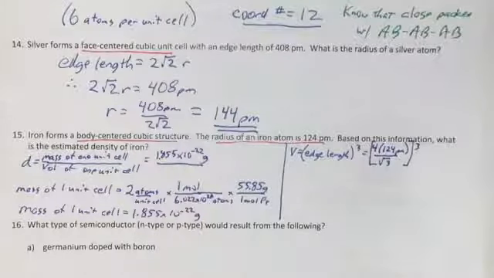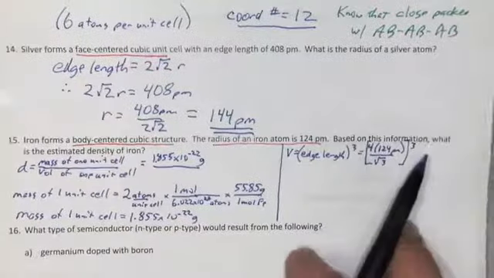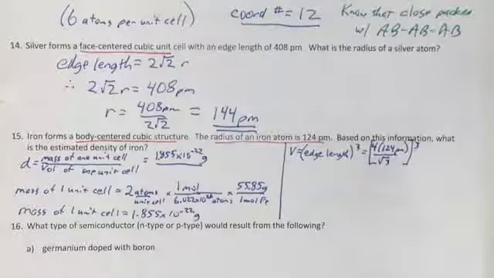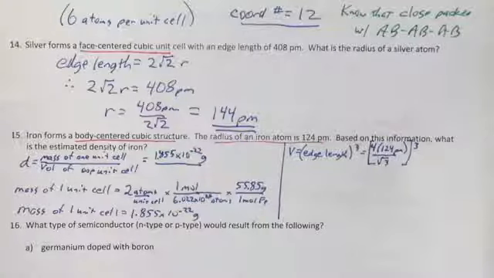Now, whenever we do that, this is going to be in cubic picometers. And generally, density is in grams per cubic centimeters. Let's go ahead and multiply this out. So it's going to be 4 times 124 divided by the square root of 3.